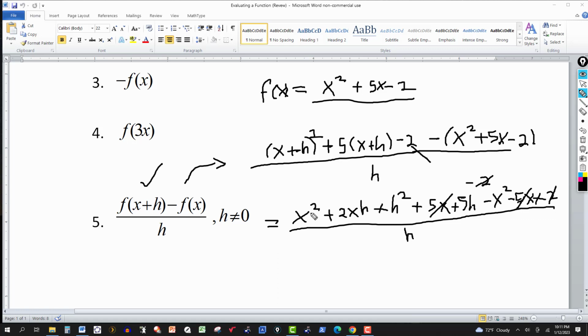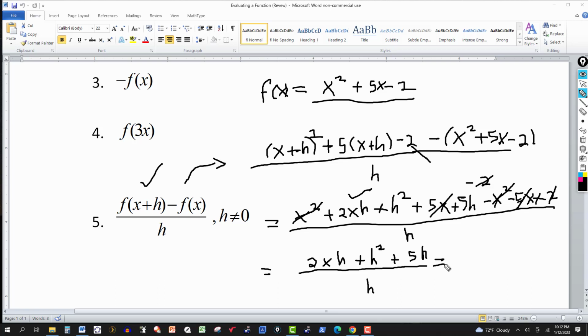And here's an x squared in the front, and this x squared cancels out. So then just write out what we have left. What is left here on top, we have 2xh, this one right here, and then I have plus h squared, and then I have plus 5h, and everything has been cancelled. And this is all over h.